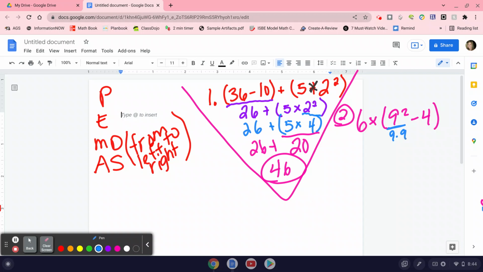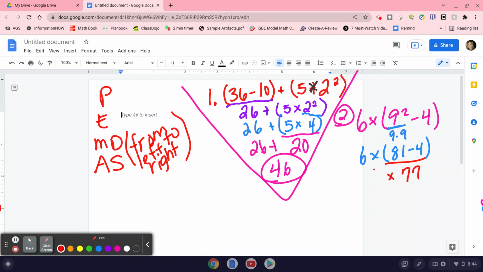What is 9 times 9? 81. So I'm going to write 6 times, open parentheses, 81 minus 4. Nate, what am I going to do next? Okay, 81 minus 4. Harper, what's 81 minus 4? 77.